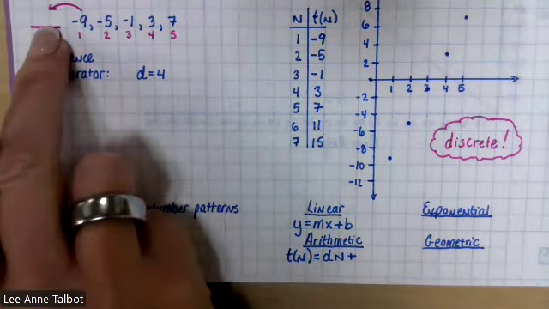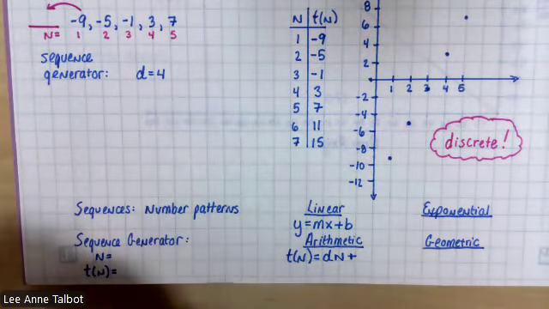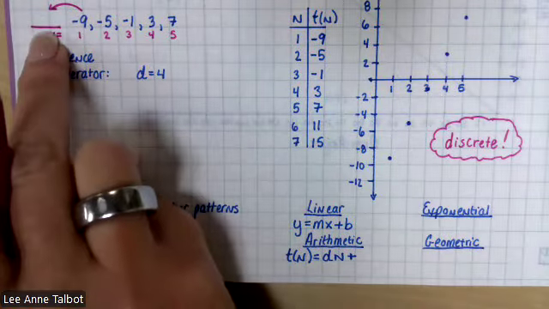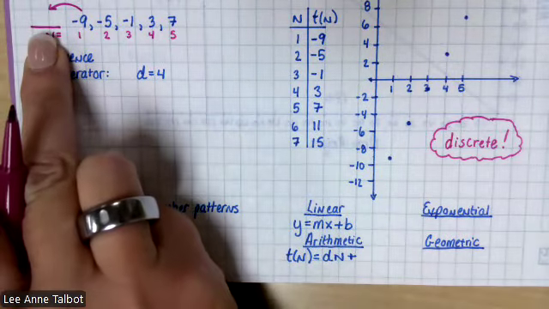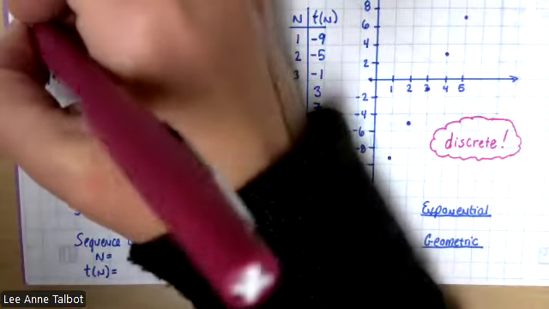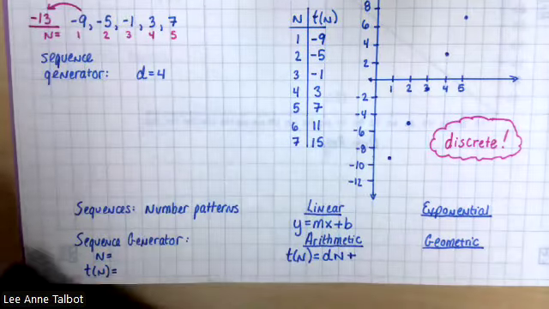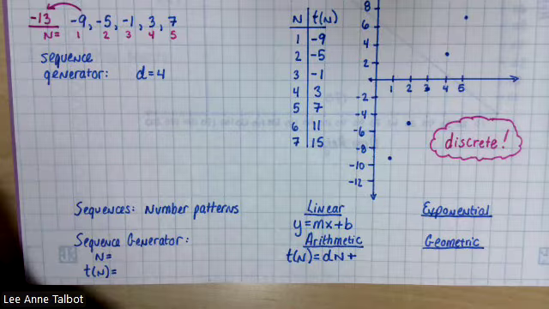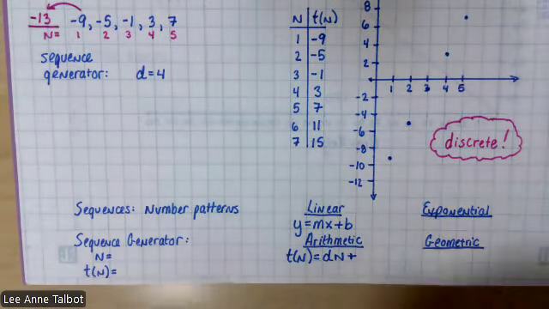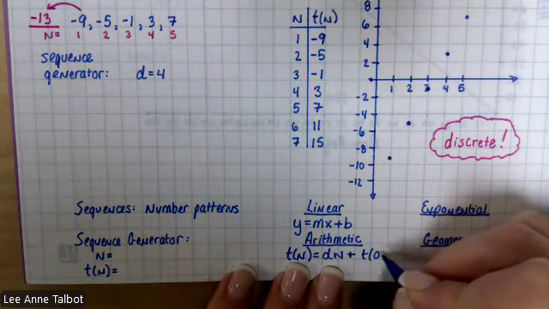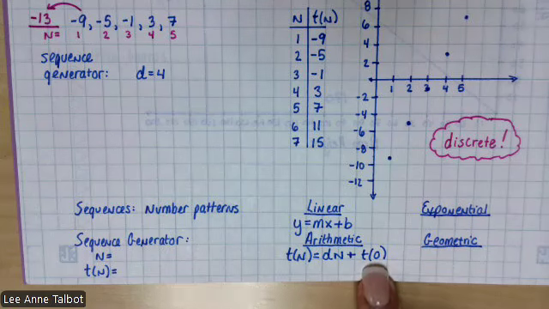Okay, what would term 0 be in this problem? What would the number in front of -9 be if there was a number? -13. Okay. And we call that term 0.